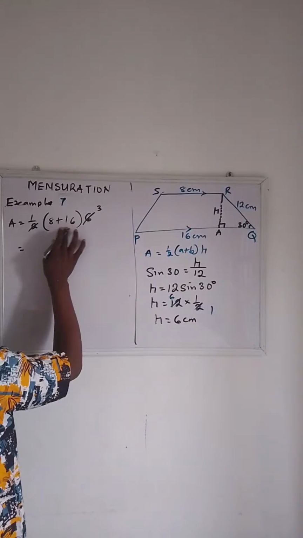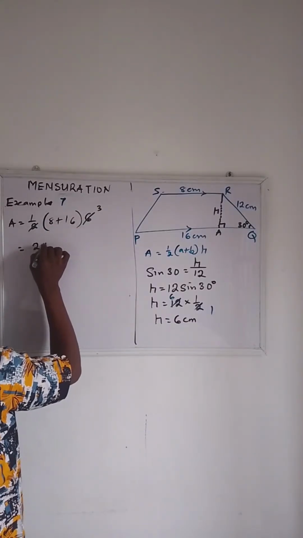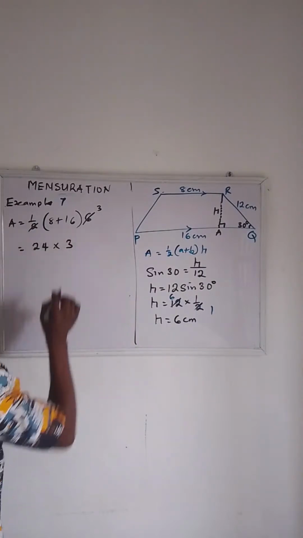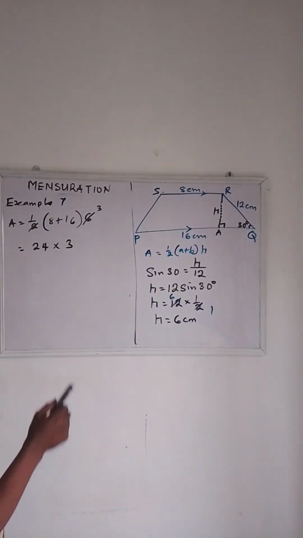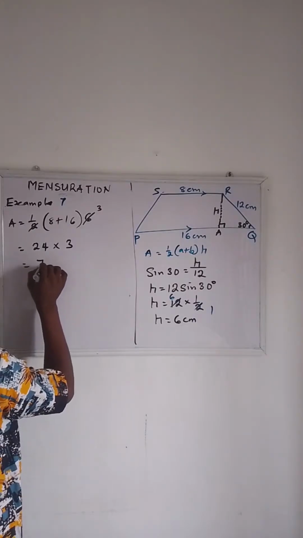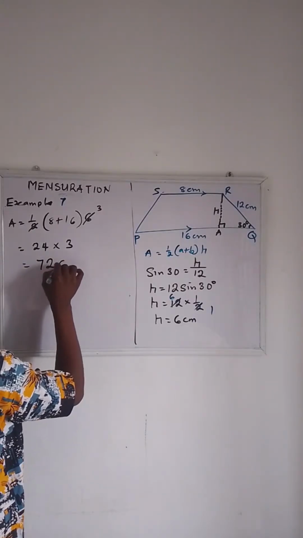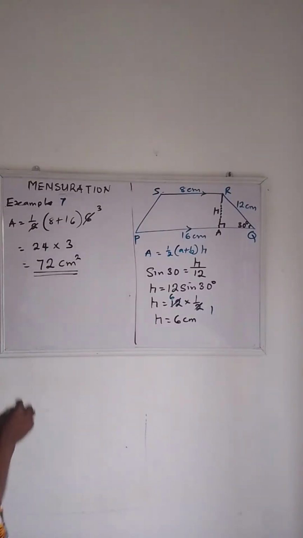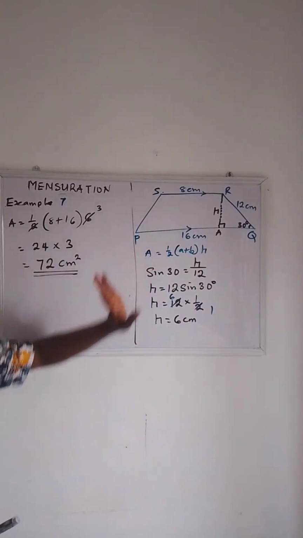So when you add this and this together, you have 24 times 3. I hope you understand that. Okay, and that is going to give us 72 centimeter square. So this is the answer to the problem, and this is the area of this trapezium.